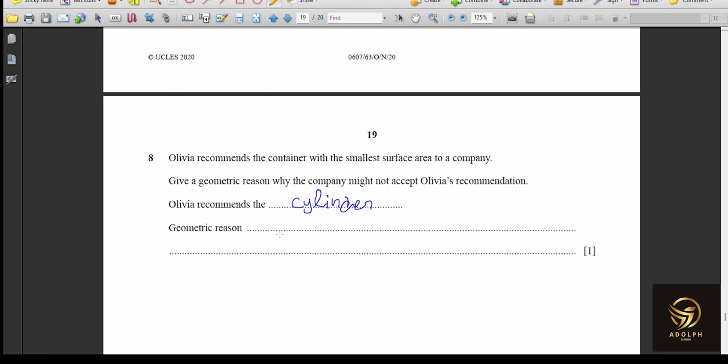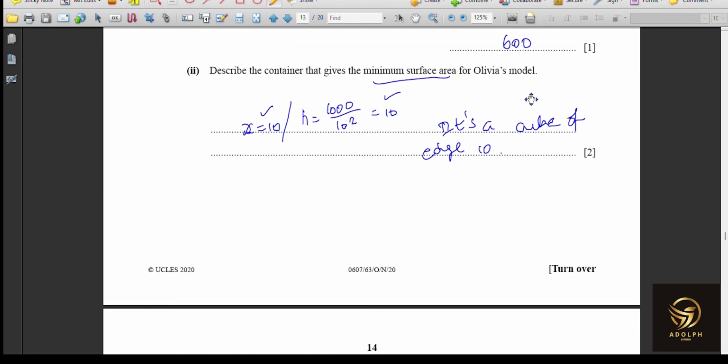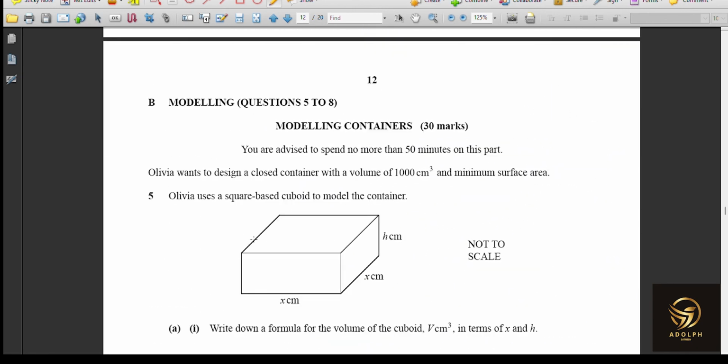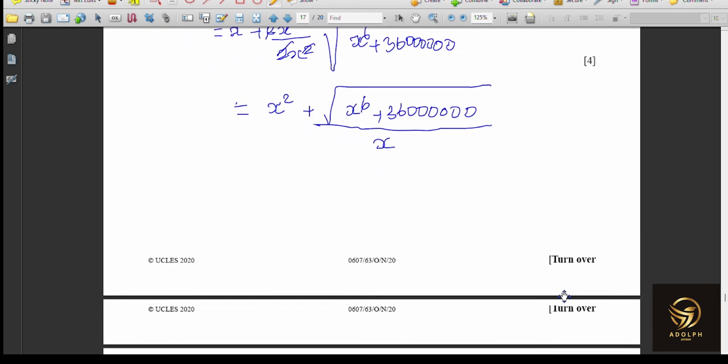Geometric reason. What is the geometric reason why the company might not accept Olivia's recommendation? So let's see what Olivia is saying. Actually, Olivia wants to design a closed container with a volume of 1000 centimeter cube and minimum surface area. So she is working for a company and she is designing a model.